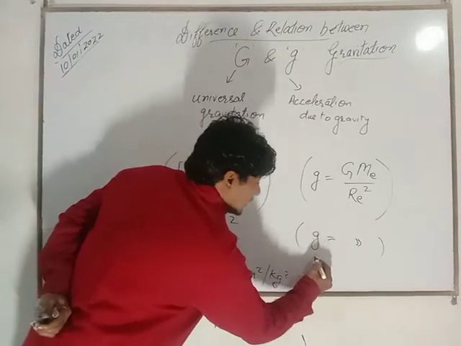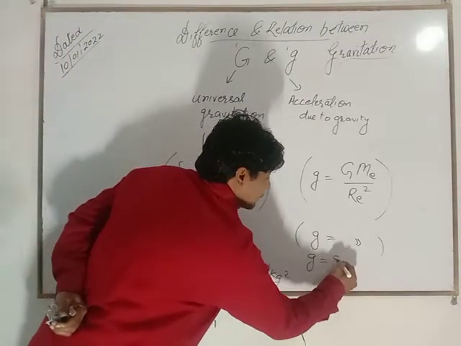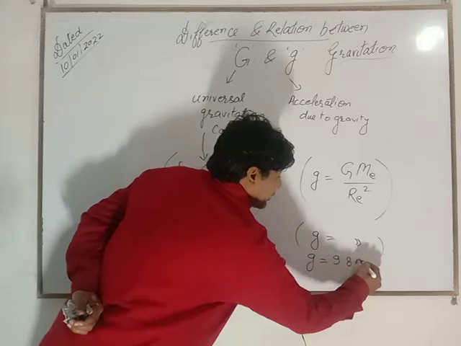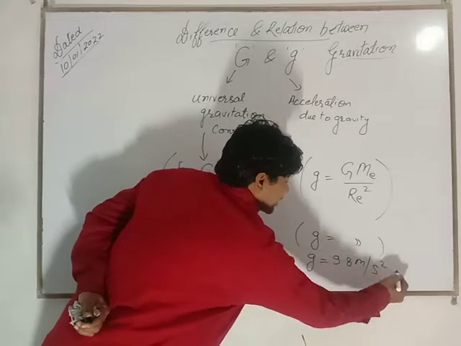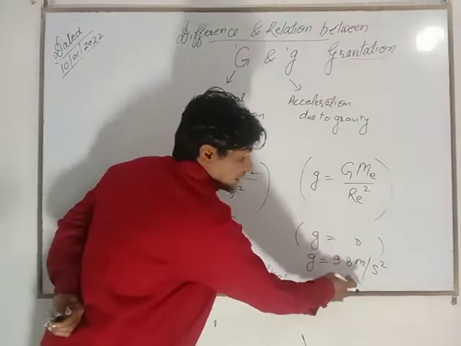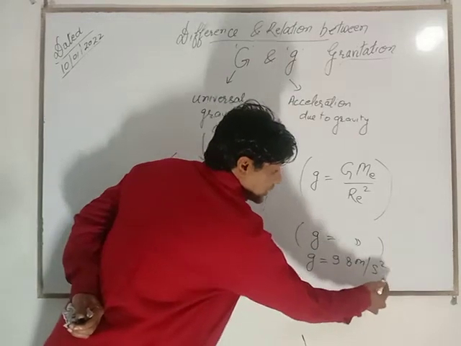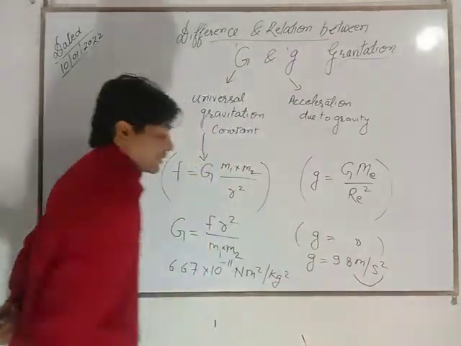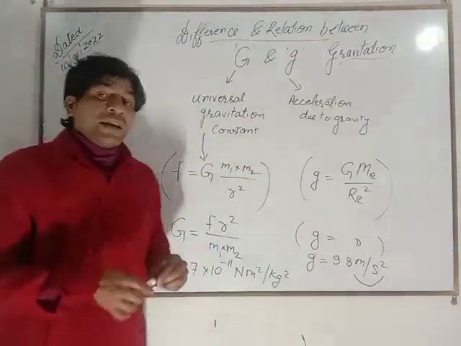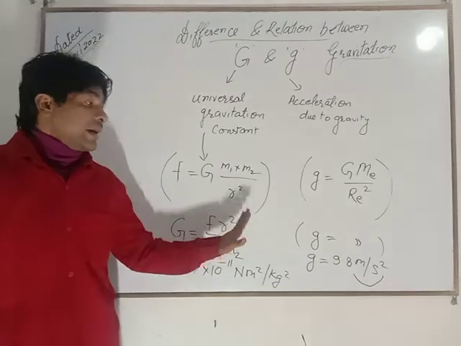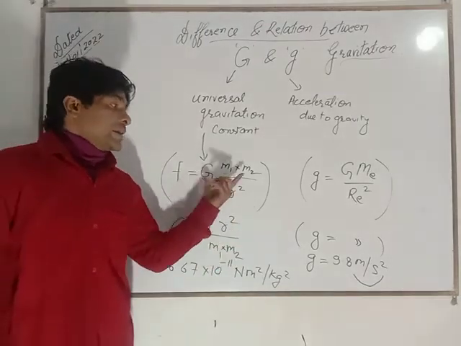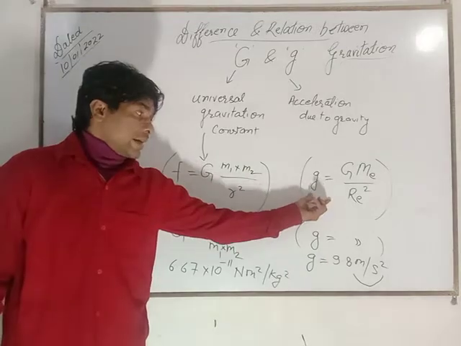And the small g value is 9.8 meter per second square, because it is acceleration, so its unit is meter per second square. This is the individual meaning and difference between capital G and small g, right?